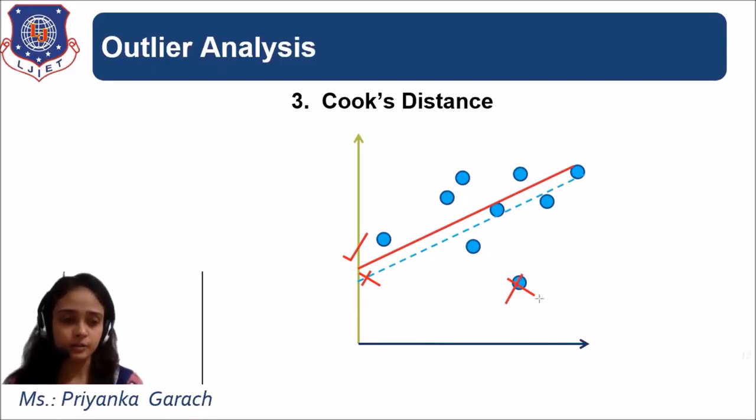So if I exclude a particular point from my data set, what is the impact on the regression line? Whether its coefficients will change or not, that is, whether my intercept and slope will change or not. This is what Cook's distance is telling about outliers.